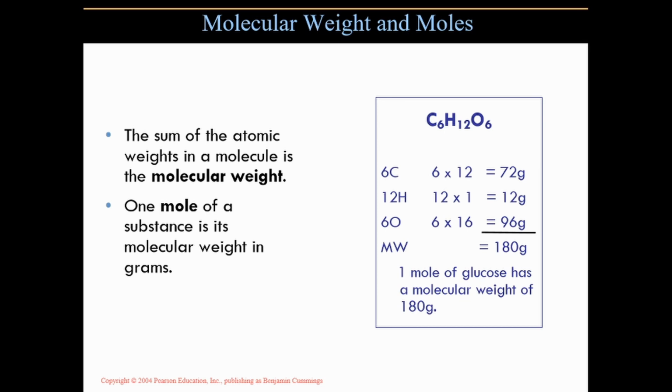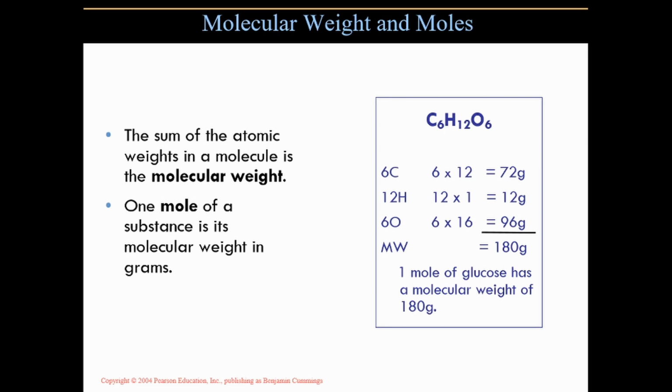And in order to calculate molecular weight, you take the number of atoms there are of each element, in this case 6, 12, and 6, and you multiply that number by the element's atomic mass. Now the numbers I used, I rounded them off to the nearest whole number, and that's how I arrived at my numbers. So for example with carbon, you have 6 carbons times the atomic mass of approximately 12. It's like 12.011, but rounded to 12.